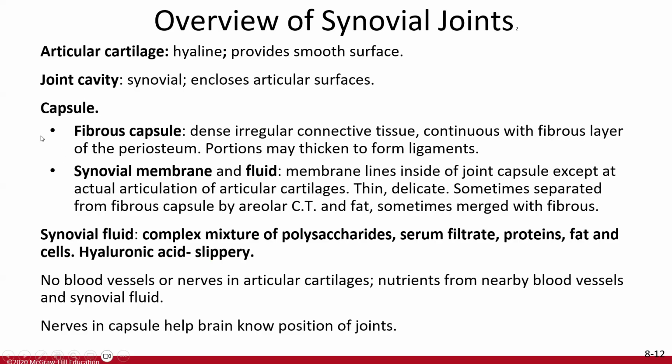Our joint capsule actually has two parts. We have the protective fibrous capsule. This is going to merge right in with our periosteum. And this is also what is going to form our ligament or merge into the ligament. On the inner portion, the deeper portion of our capsule, we have our synovial membrane, which is going to produce synovial fluid.